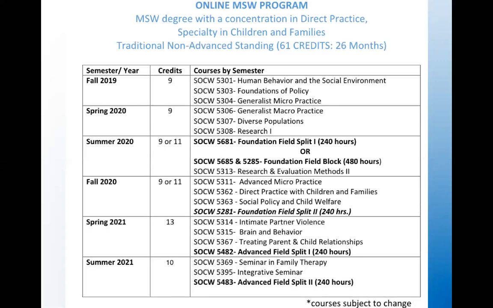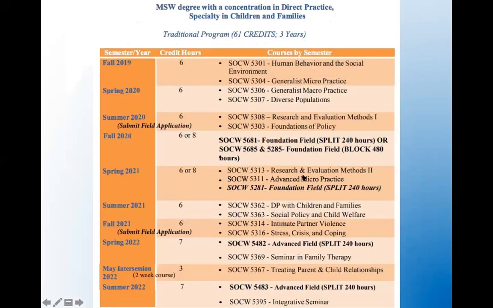You're going to start with us this fall in 3 courses. That is 9 credit hours. And most semesters you will take 9 hours. The exception to that is when you start your field placement and you have additional hours required by your field placement. This is the 3-year program.